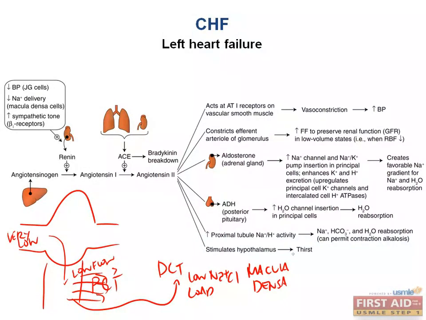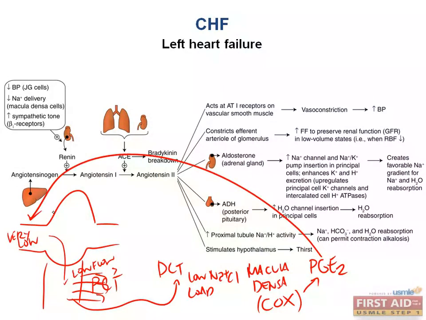The macula densa will release prostaglandin E2 because the cells can make COX, which is a cyclooxygenase, which makes prostaglandin E2. Prostaglandin E2 will stimulate the afferent arteriole to dilate, and it will stimulate the JG cells to release renin. So that is another way that we can get activation of the renin-angiotensin-aldosterone system via the macula densa.